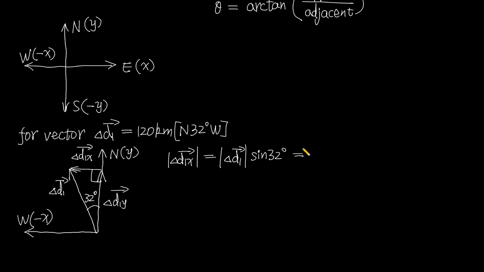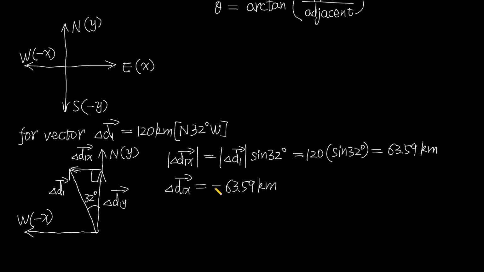And this equals 120 multiply sine 32 degrees and equals 63.59 kilometers. So vector delta d1x is just negative 63.59 kilometers. It's negative because its direction is the negative x direction.